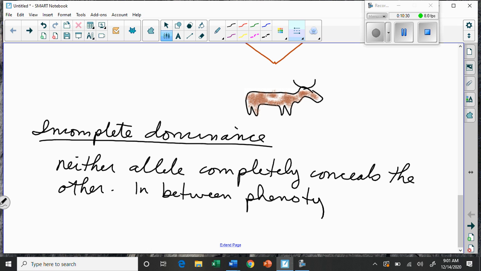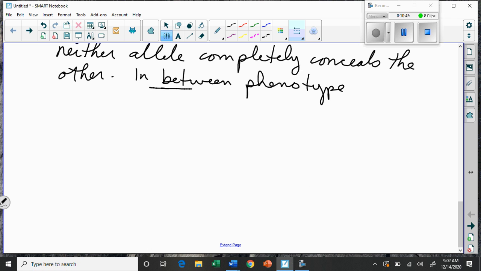You'll notice that the above cow in codominance is still brown and white. It's not a shade of medium brown. It's actually brown and white because the brown and white are both expressing themselves. But in this case, the in-between phenotype occurs.